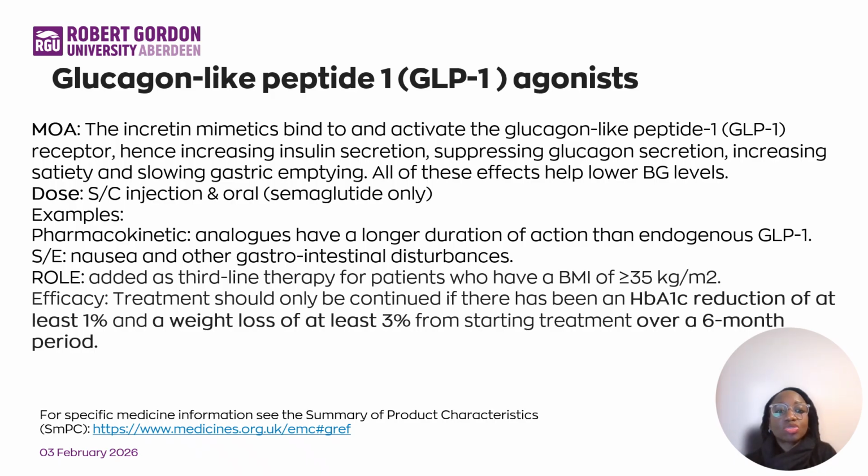Efficacy: the treatment should only be continued if there has been at least an HbA1c reduction of at least 1%, and a weight loss of at least 3% from the starting treatment over a period of 6 months. So this is what will justify continuation of treatment. If both of these have not occurred over 6 months, then probably this patient is not a candidate for these agents.